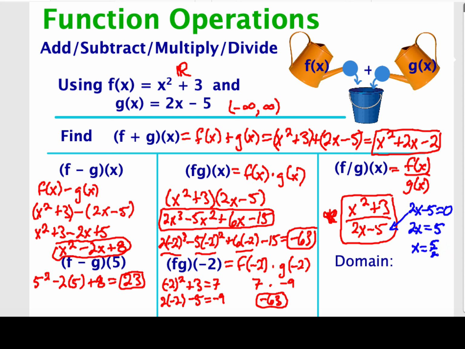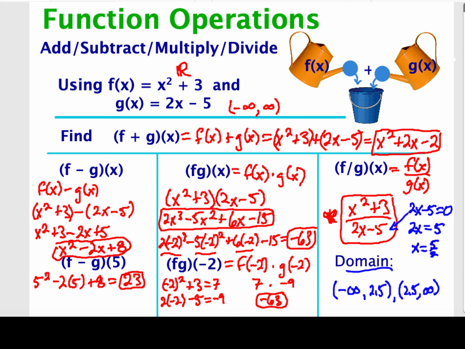I would want to make sure that for my domain, my x value is not 5 halves. Otherwise, I'm going to end up dividing by 0. So therefore, the domain is all real numbers except for that 5 halves, or 2.5. Or if we wanted to do some interval notation, negative infinity up to 2.5, and from 2.5 up to infinity. I just can't use 2.5.